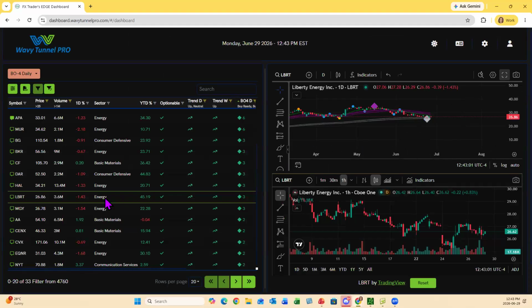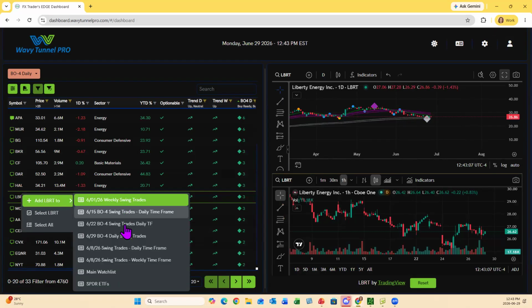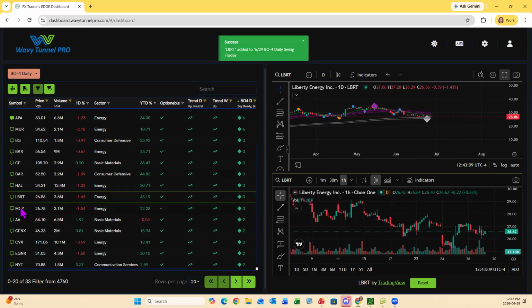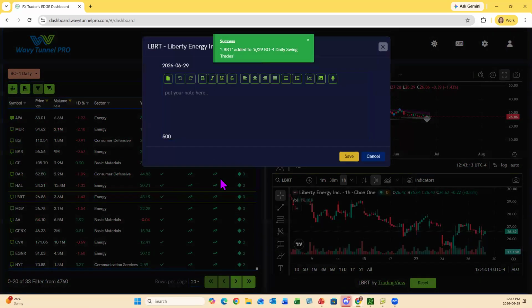So there are lots of setups here. Lots of setups. Let me add this. And I should probably put a note on here. So watch for close above the filter. Oh, this is not okay.